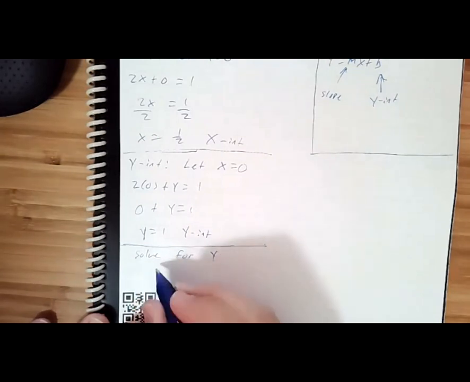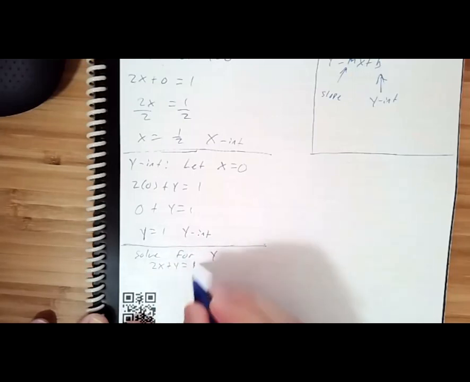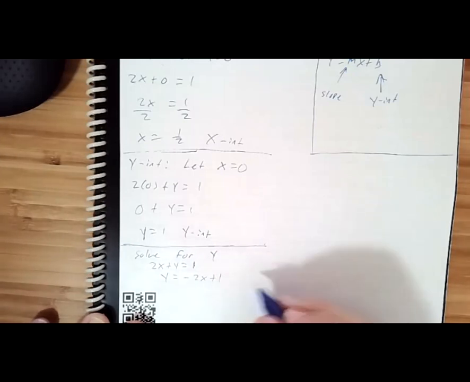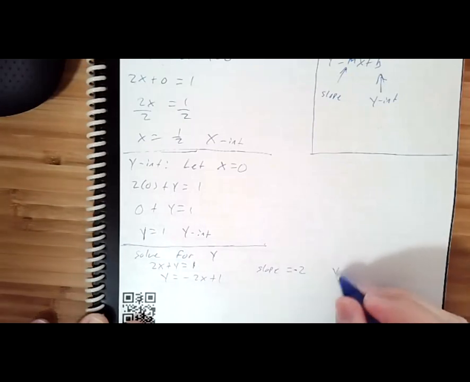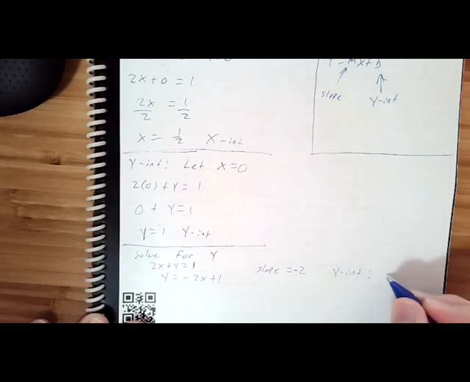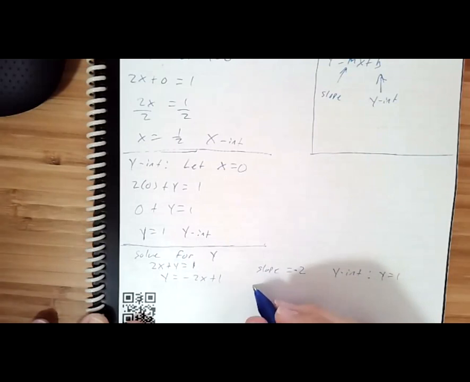So we have 2x plus y equal to 1. Subtract 2x on both sides and we get y equal to negative 2x plus 1. So the slope is equal to negative 2. The y-intercept is y equals 1. And then the x-intercept we found earlier, which is 1/2.